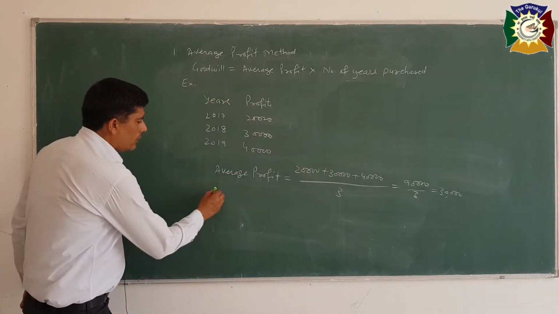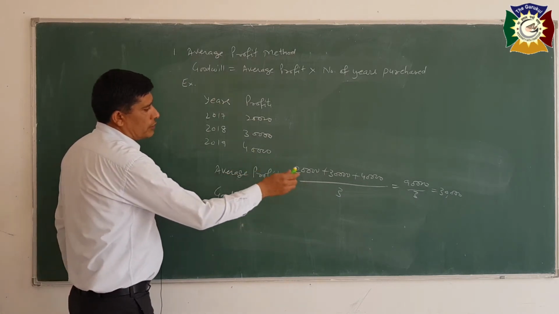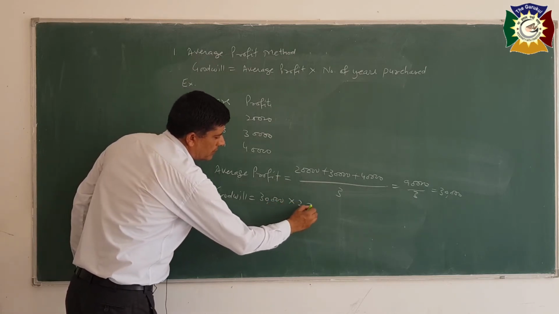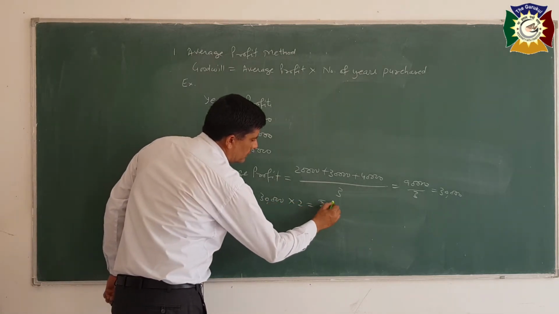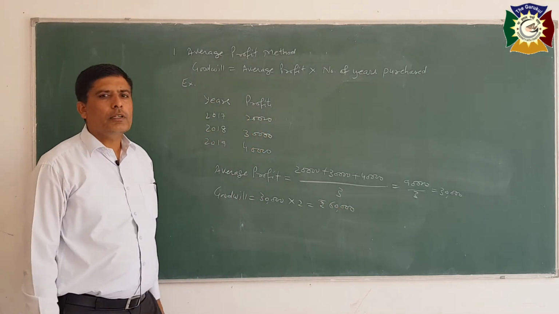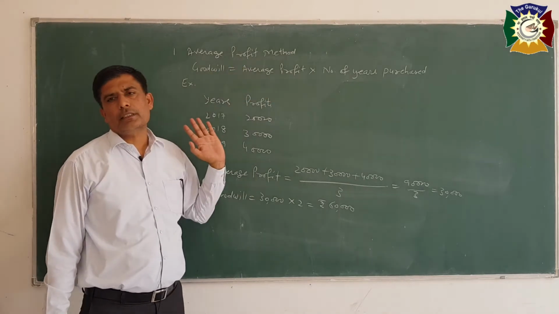So here goodwill will be average profit, that is 30,000, into 2, that is rupees 60,000. In this way you will calculate goodwill by applying the average profit method.